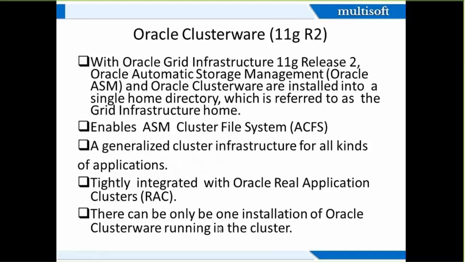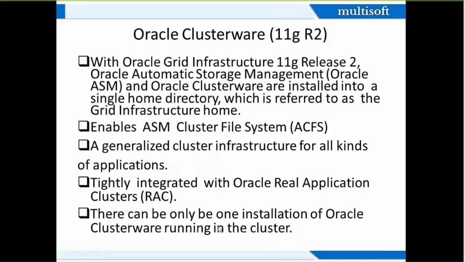So when we talk about Clusterware with Oracle 11G R2, we also know that in Oracle 10G, a new thing was introduced that is called ASM, automatic storage management, right? That has been integrated with Oracle Grid Infrastructure. What does it mean?